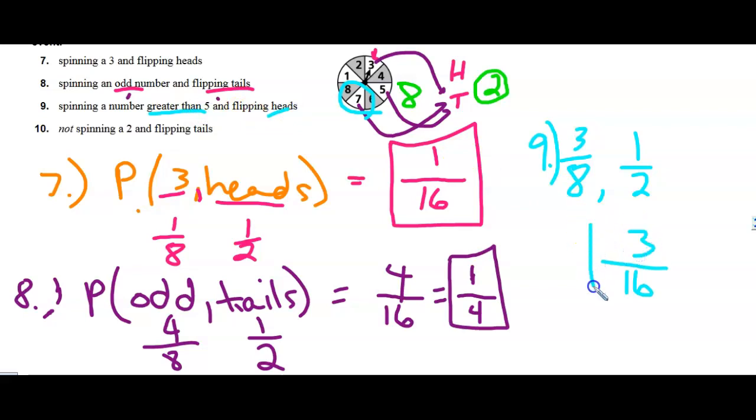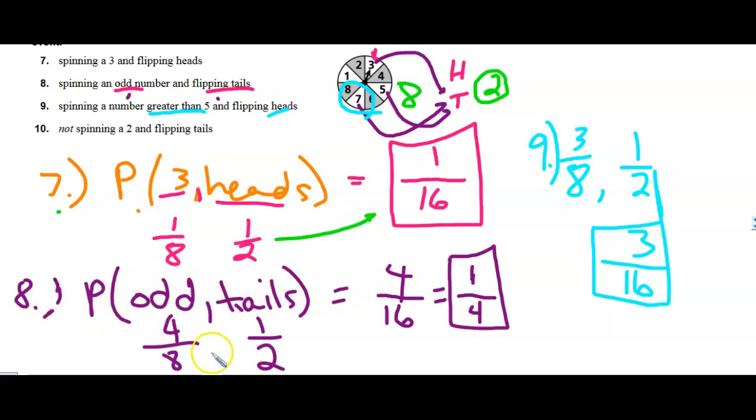Are you noticing a trend here? There's a pattern to compound probability and how we calculate it. Let's take a look again and see if we can see it. Taking a look at 7, 3 had a probability of 1/8. Heads had a probability of 1/2. Combined, we had a probability of 1/16.